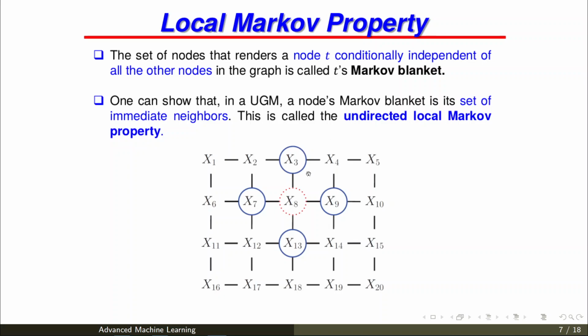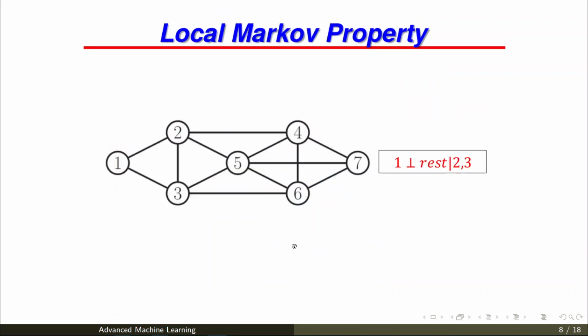In this case, if you fix the blanket x3, x7, x9, and x13, then x8 will be independent of all the other nodes. So here is an example. Given 2 and 3, 1 is independent of all the other nodes in the graph. All the paths from 1 to any other nodes go through 2 and 3.